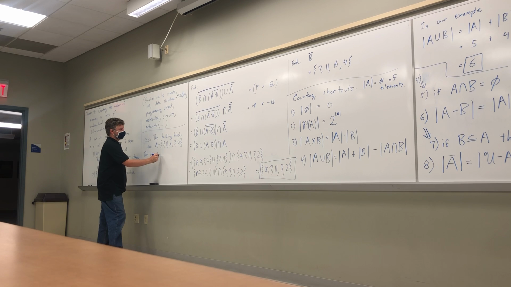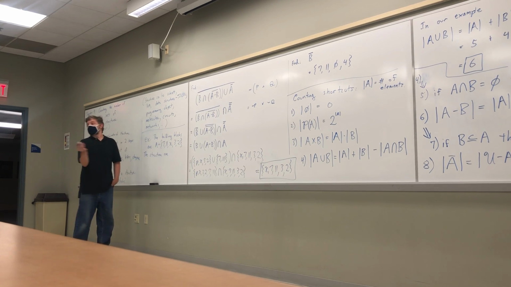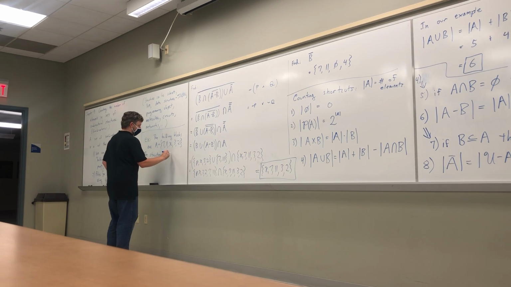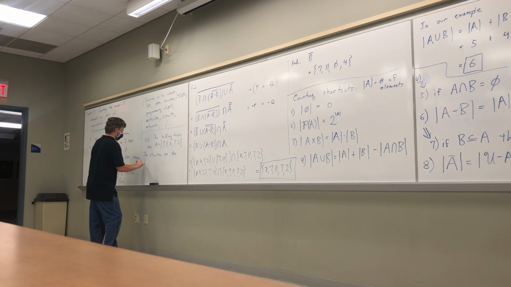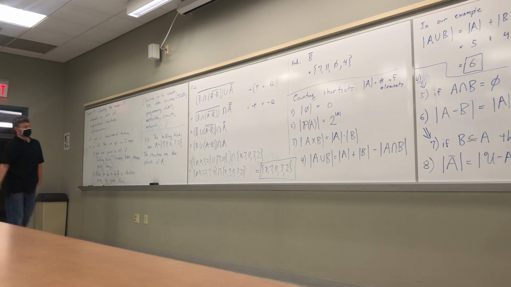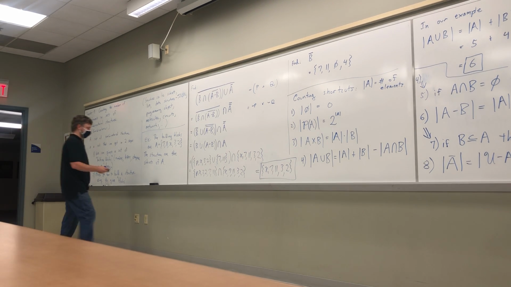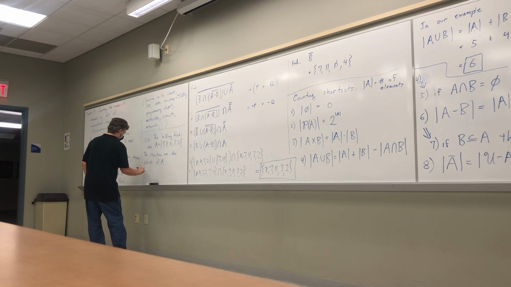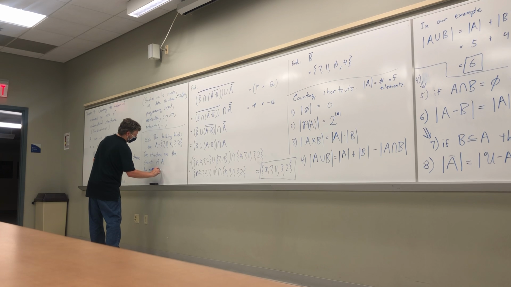The structures are any subset. So the subsets of A, that's a structure. And then the question is, how many structures are there? And we know that's that number 2 there. How many subsets are there?